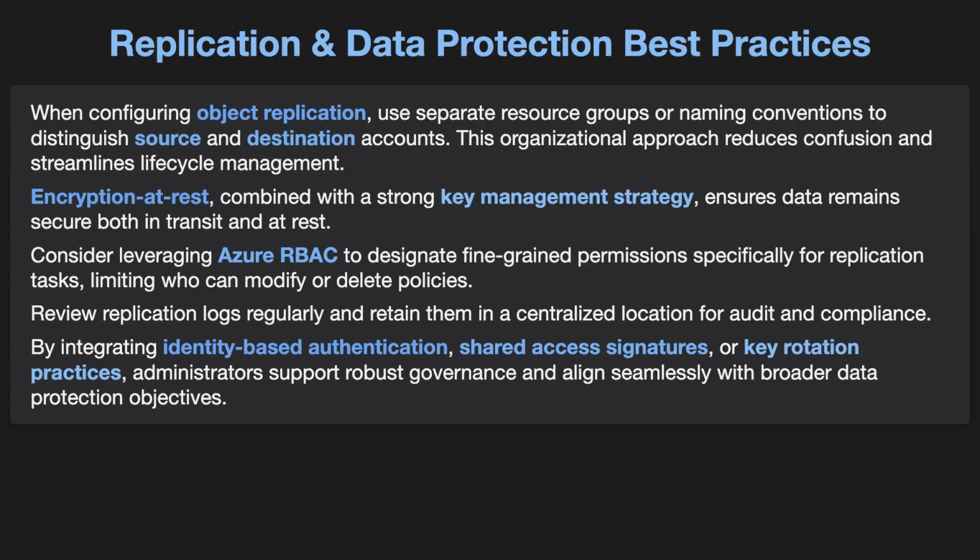Consider leveraging Azure RBAC to designate fine-grained permissions specifically for replication tasks, limiting who can modify or delete policies. Review replication logs regularly and retain them in a centralized location for audit and compliance. By integrating identity-based authentication, shared access signatures, or key rotation practices, administrators support robust governance and align seamlessly with broader data protection objectives.